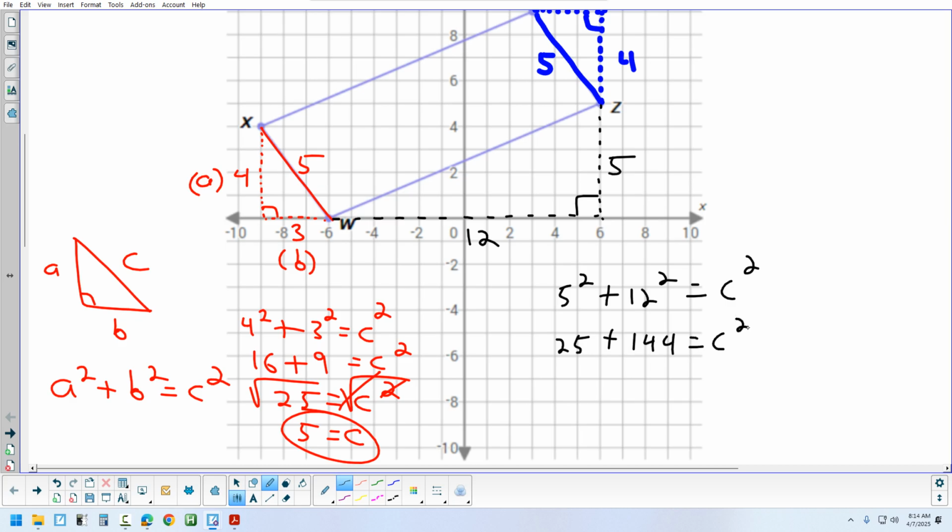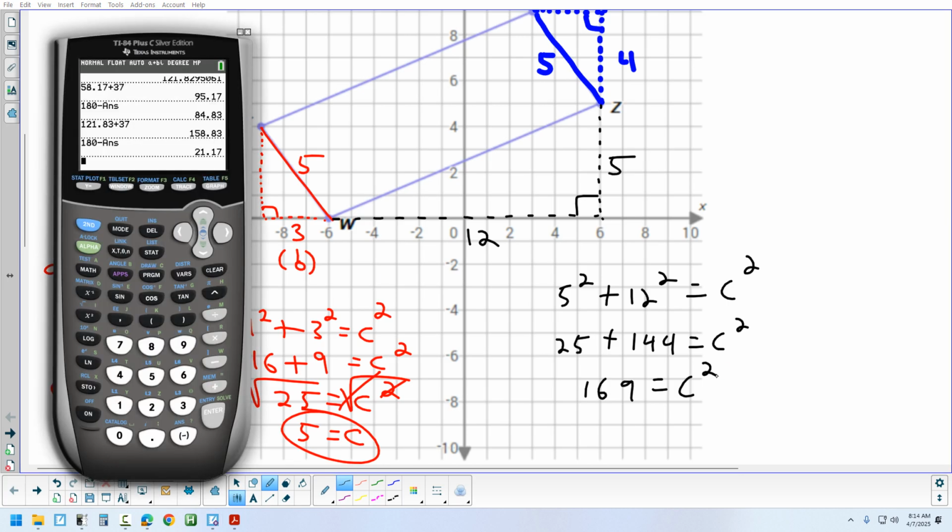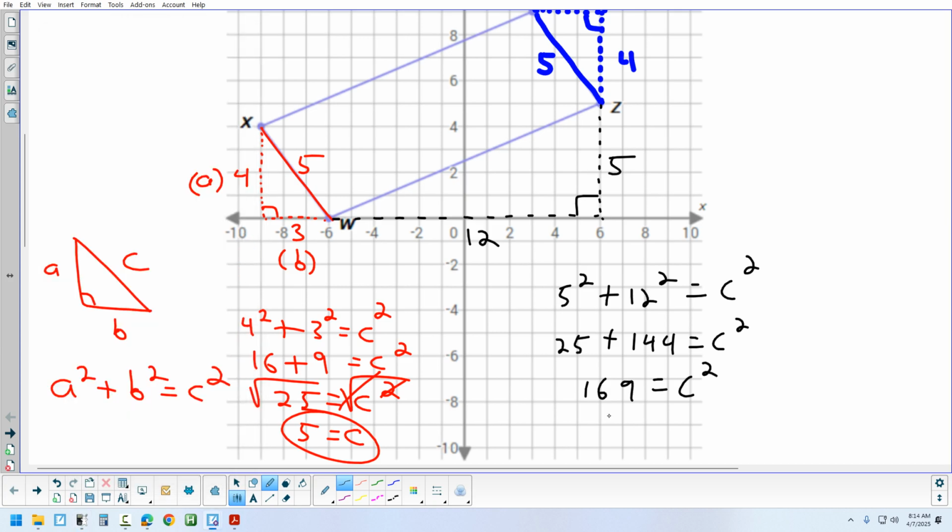If you use your calculator, 25 and 144 adds up to 169. And that's a bigger number, so if you're not sure of the square root, it does come out nice. Type in square root 169, and you get 13. So now we know this side is 13.